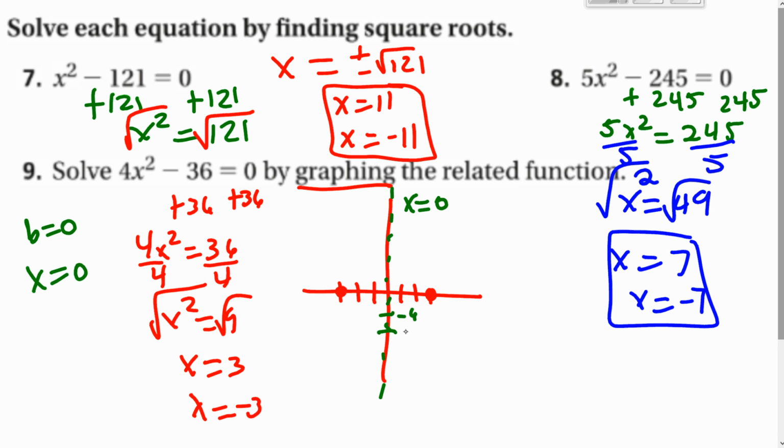So negative 6, negative 12, down to negative 36. So mark this, because you know you're counting by different things. So (0, negative 36), that's your vertex. And you can go ahead and graph that. Whenever it's set equal to 0 and you're asked to graph, you just change that 0 to a y. So y equals.